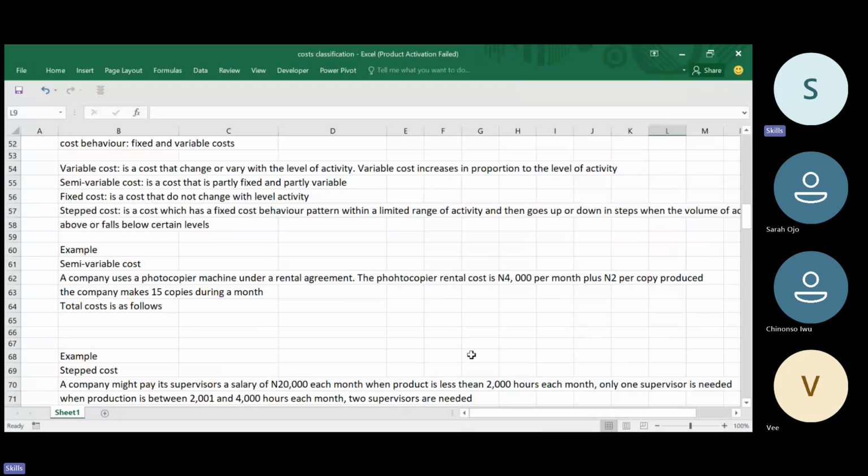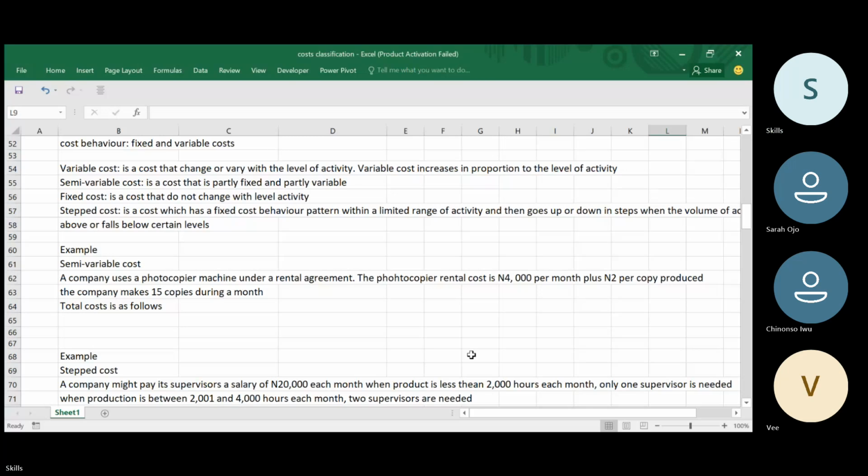The company makes 15 copies during the month.